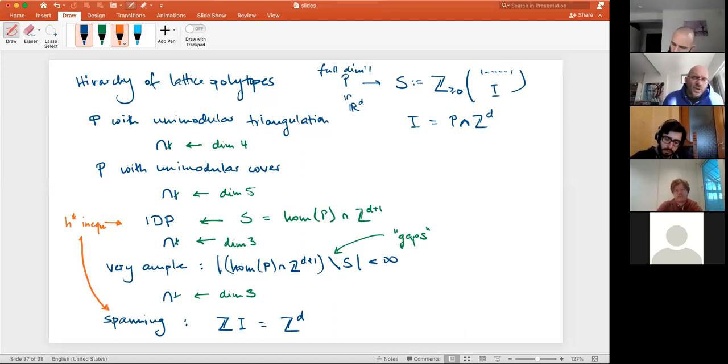Yeah. And so this is an interesting situation, right? You have some extra constraints that hold for a subclass of lattice polytopes, but then you want to get down to the details and say, okay, what is it actually that I have to assume? And it turns out for those inequalities, you only need the spanning condition.